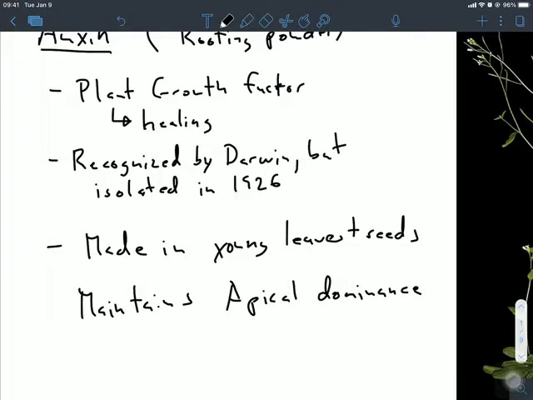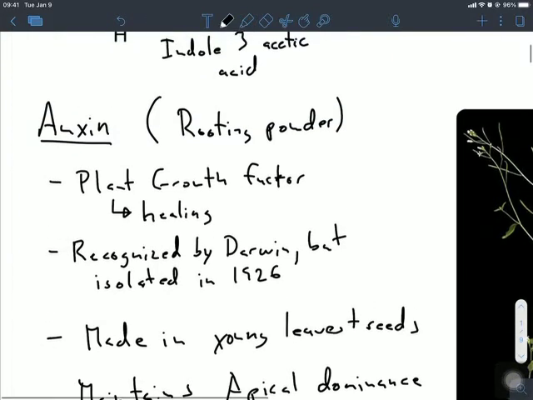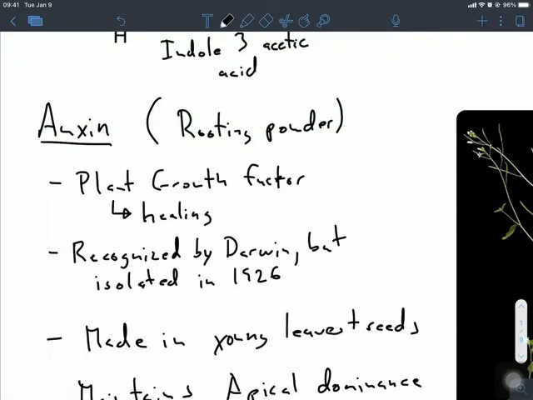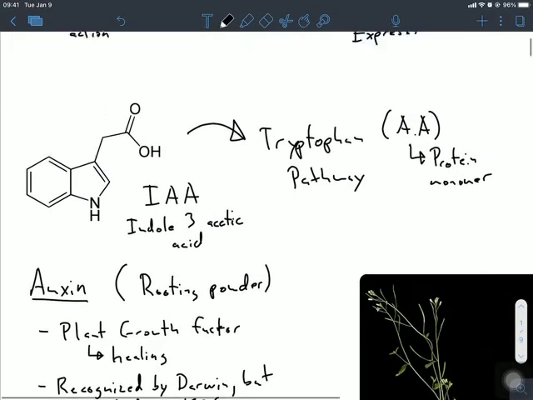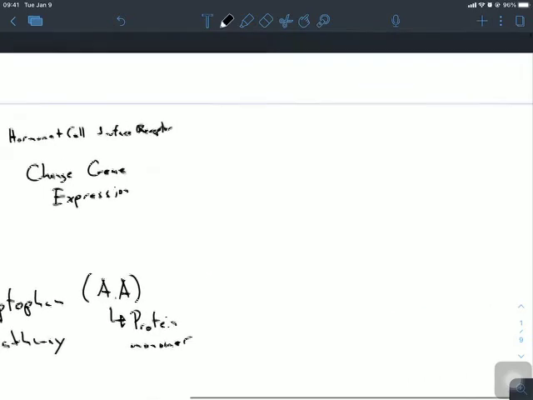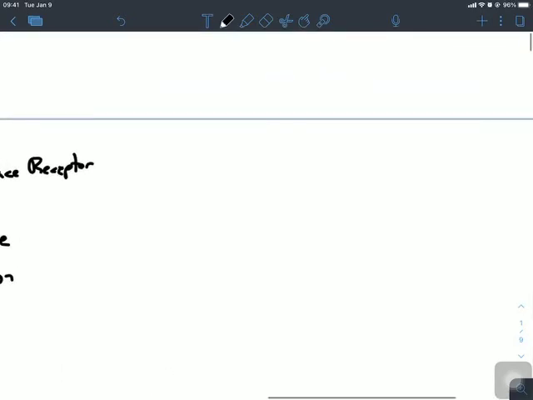So if it's maintaining your apical dominance, and it's an important growth factor, what happens if we break the auxin pathway? What happens if we mutagenize a plant so that way it doesn't produce the correct levels of auxin? And that's the way in which we study a lot of these hormone mutants, study a lot of these hormones.